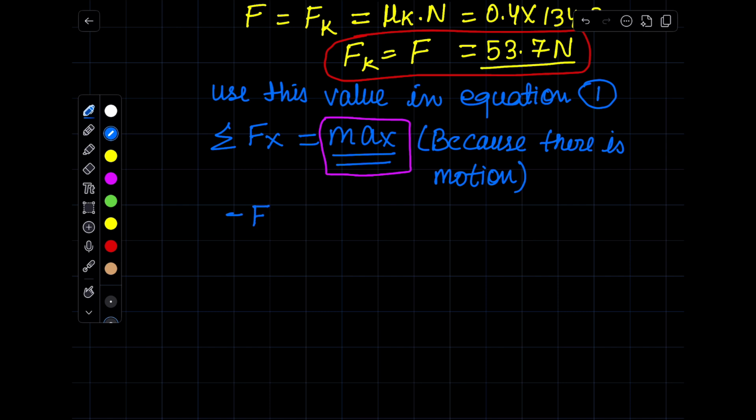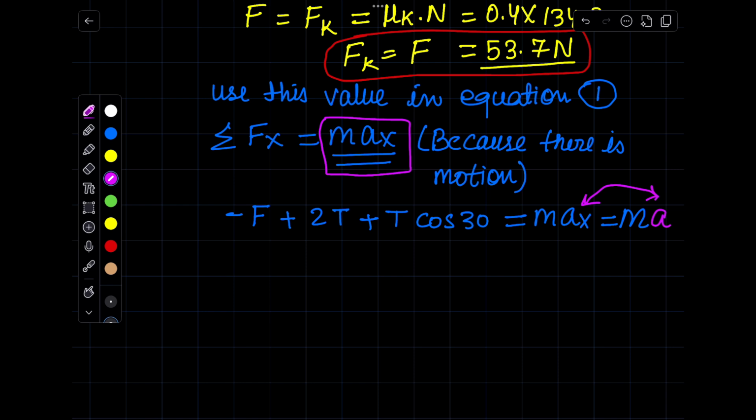It means that the block is not moving in the y direction. We will say ay is 0, so ax is equal to a. Now balance all forces in the x direction, and it was very simple. We have already written on the right side max is equal to ma.